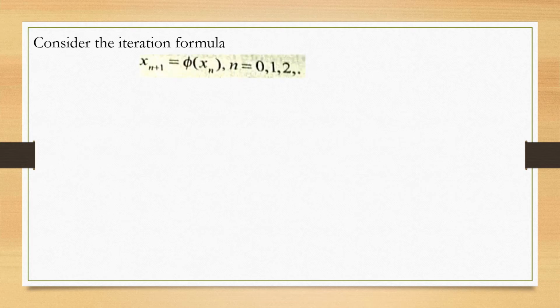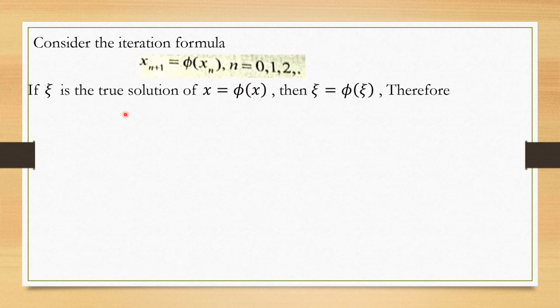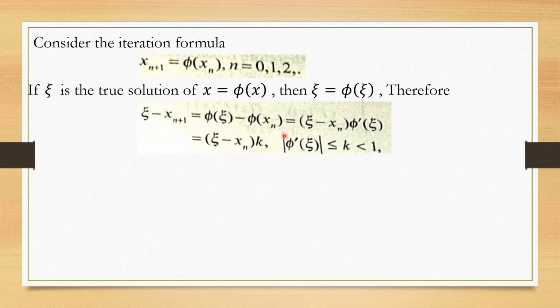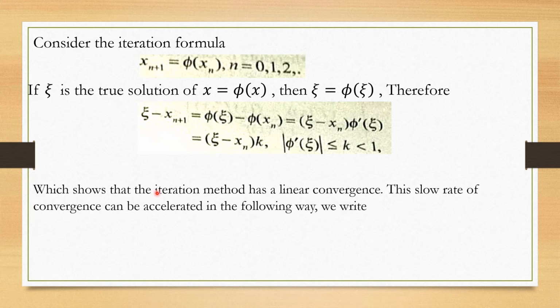Now consider the iteration formula x(n+1) = phi(x(n)), which is the fixed point formulation. If xi is the true solution, then xi = phi(xi). Therefore, it can be written as such, which shows that the iteration method has a linear convergence.